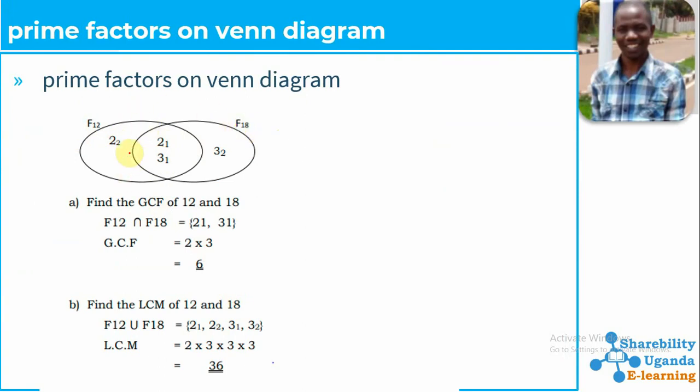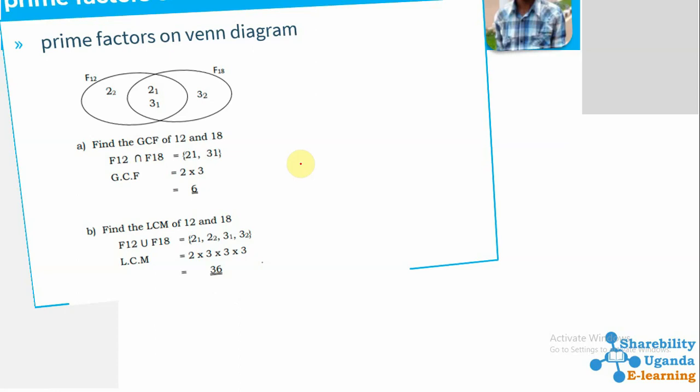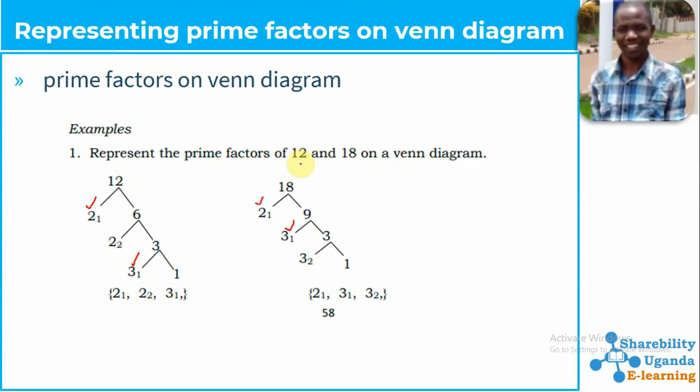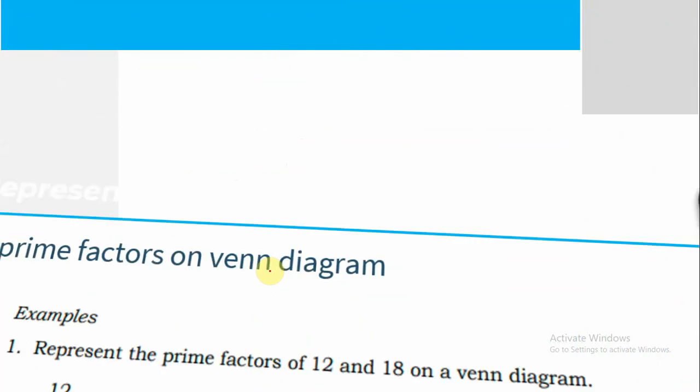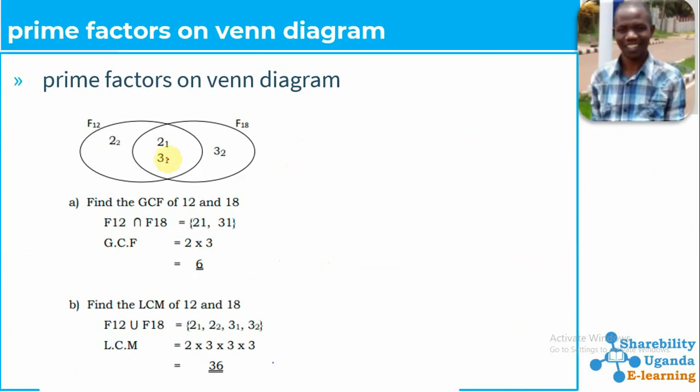What is remaining is a 2, which only belongs to 12 and does not appear on this side, and a 3, which only belongs in 18 and doesn't appear in the other. So we have now presented this on a Venn diagram.